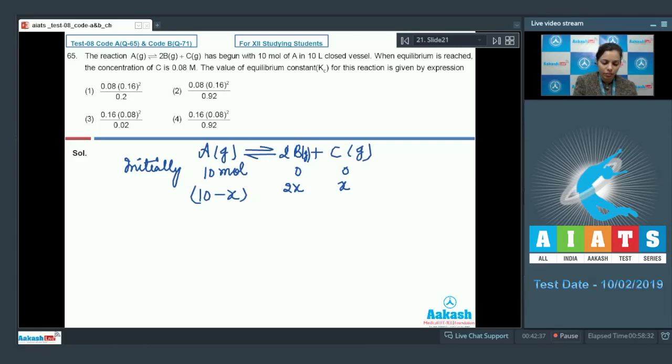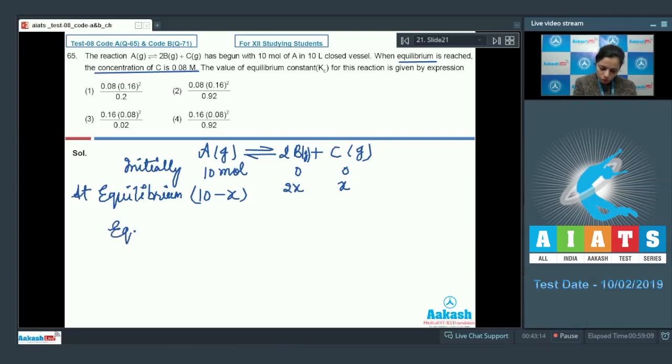In the question, it's given that when equilibrium is reached, the concentration of C is 0.08 molar. It means the equilibrium concentration of C is given.